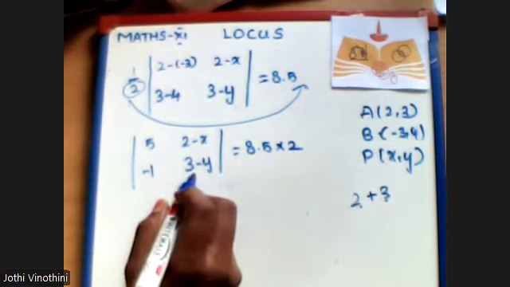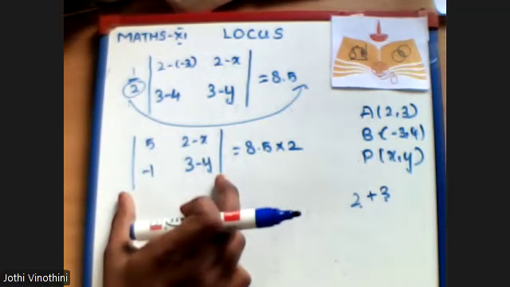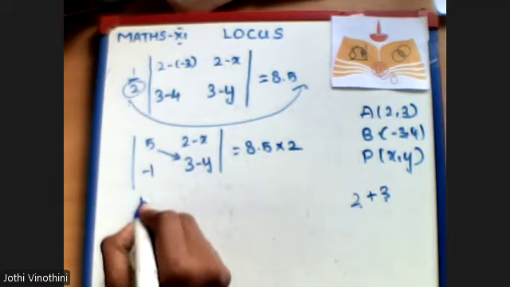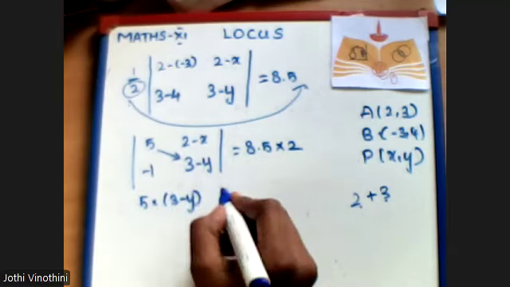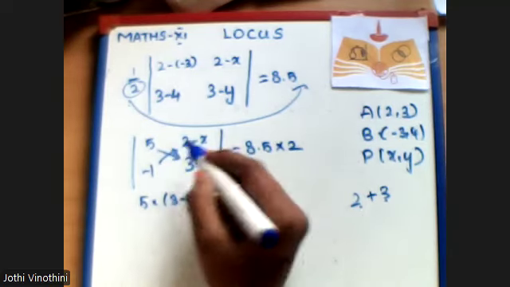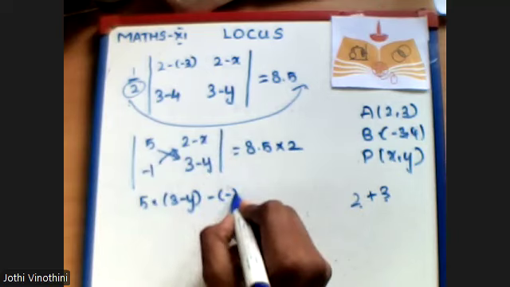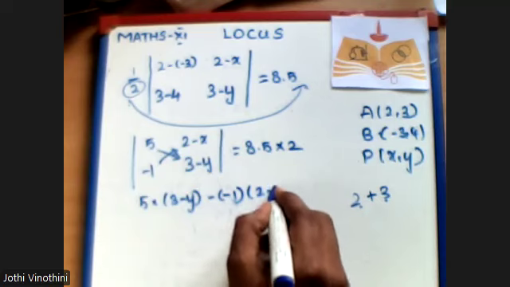If a 2 cross 2 matrix is within determinants, how can we expand? We have to multiply this way. So 5 multiplied by 3 minus y. While we multiply this way, we have to add a minus sign in front. What is here? Minus 1 multiplied by 2 minus x.